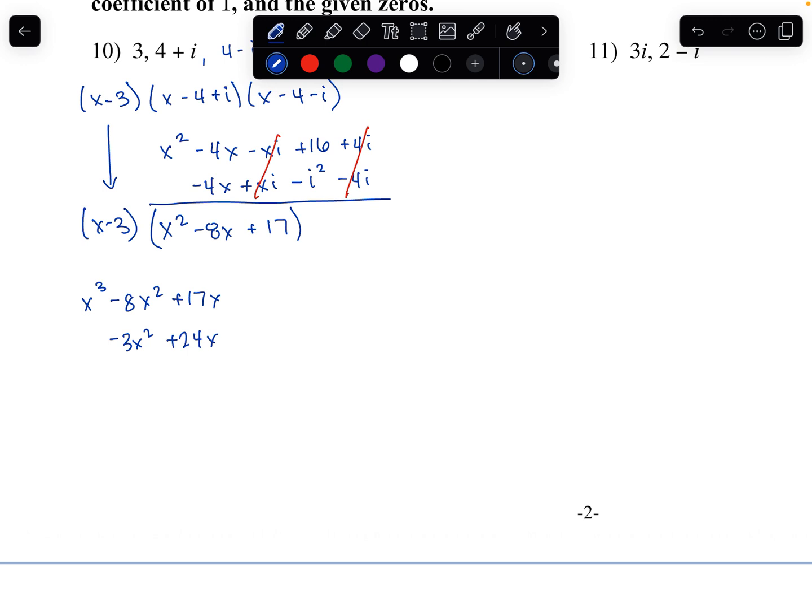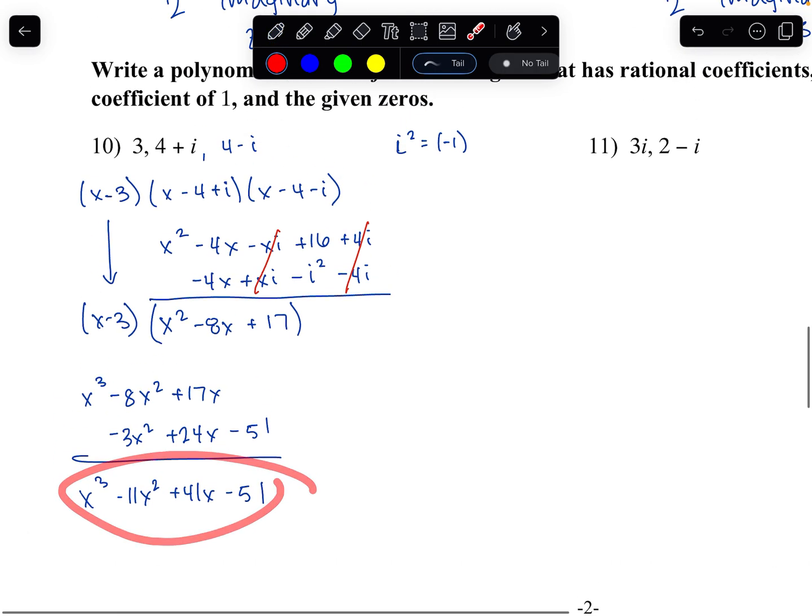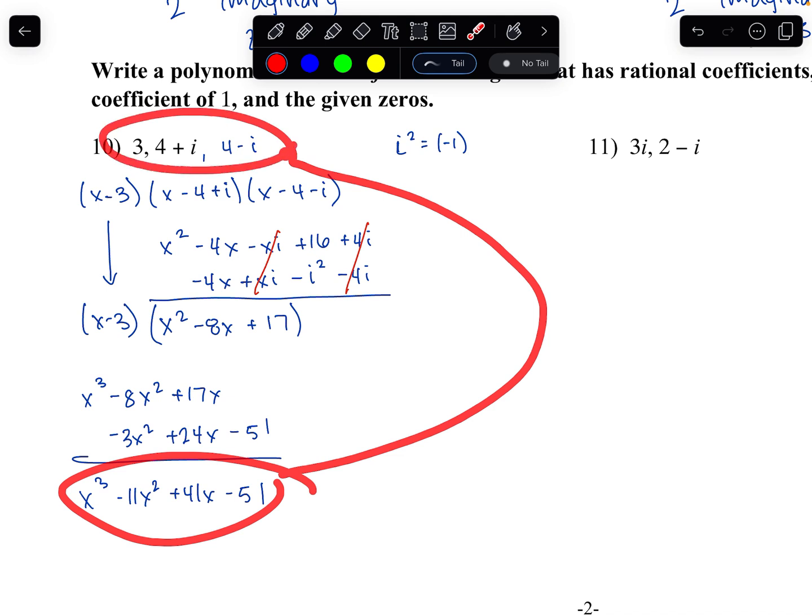And then negative 3 times 17. 3 times 17 is 51, so minus 51. So I'm going to get x to the third minus 11x squared. 24 plus 17 is going to be plus 41x, and then minus 51. So this is a polynomial that will give you these solutions right there.